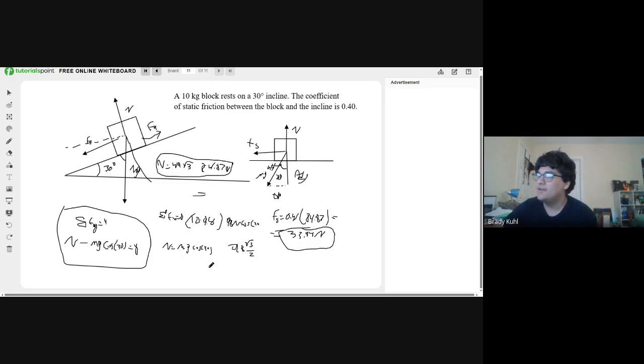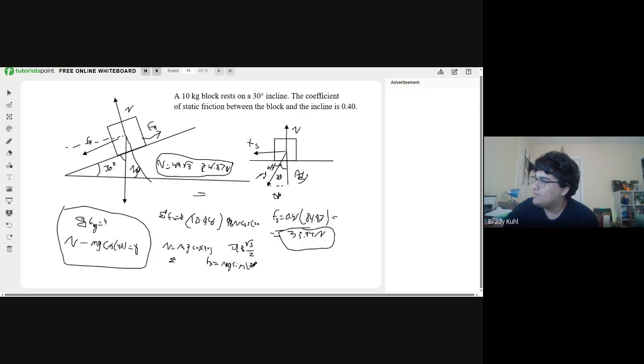So to find the movement in the x direction, we're going to have to use mg sine of 30.